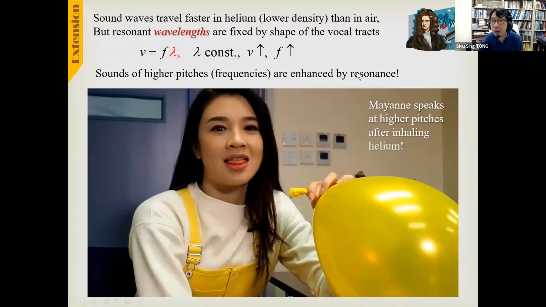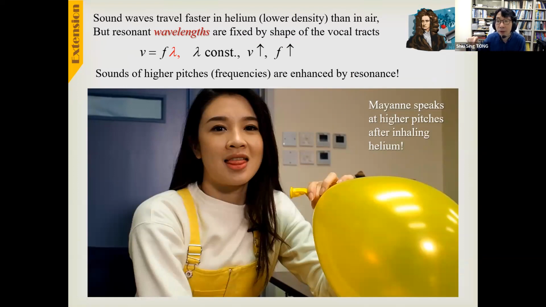Now I have an interesting video for you to see. This is May Ann, famous actress, right? She inhaled some helium. When she inhaled some helium, you know that helium actually has a smaller molecular weight than air. The helium atoms are much lighter than air molecules.